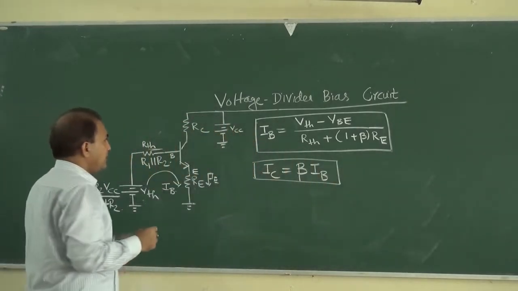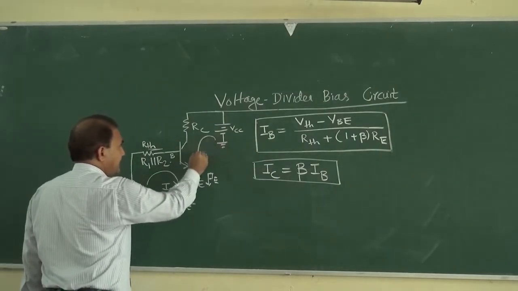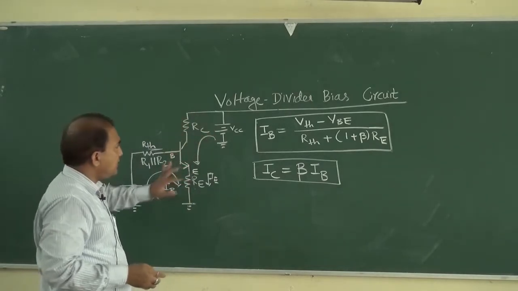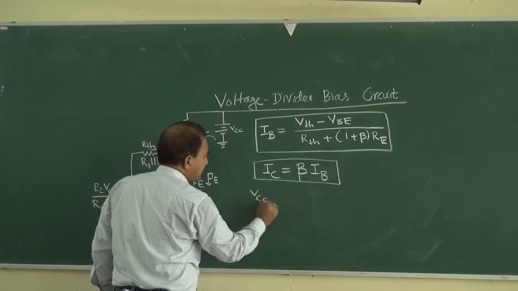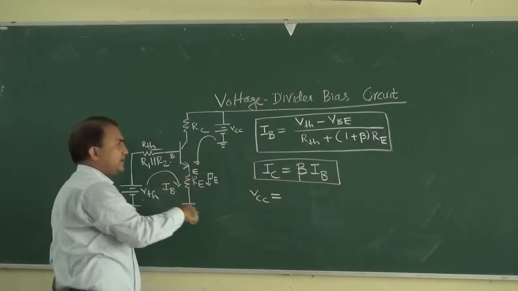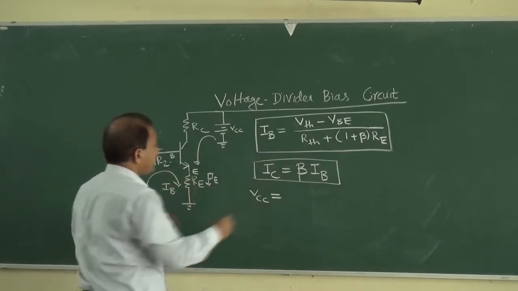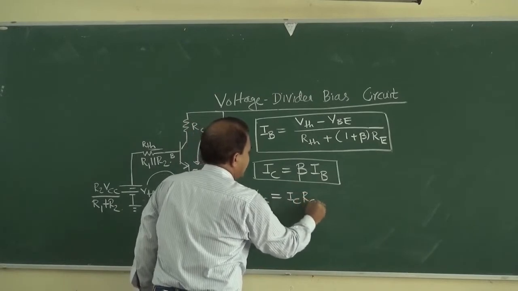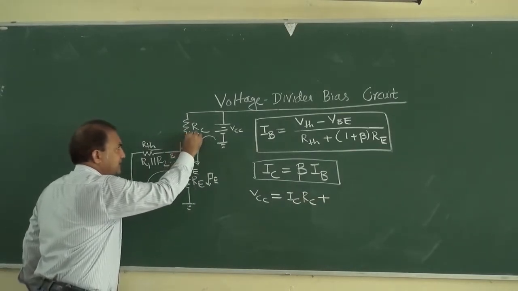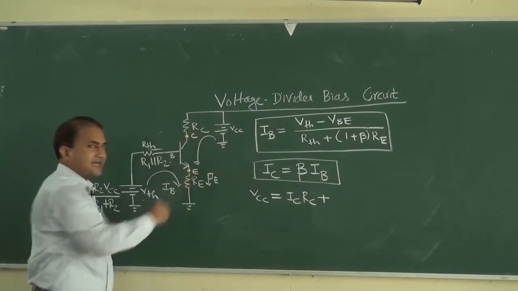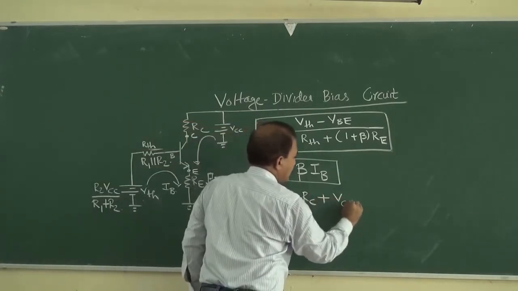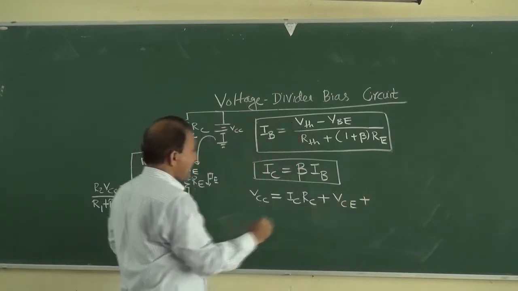Now we have to apply Kirchhoff's voltage law again in this outside loop. We can write the expression: VCC is equal to IC RC plus VCE plus IE RE. This terminal is the collector terminal and this terminal is the emitter terminal.